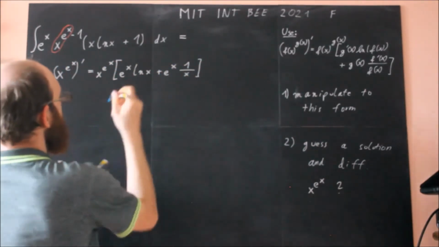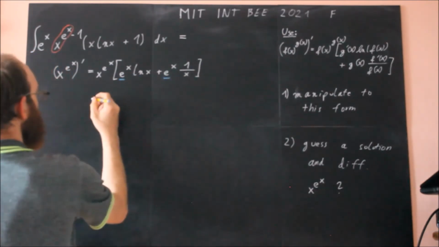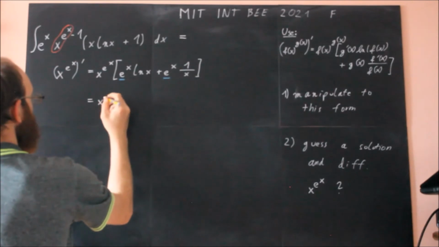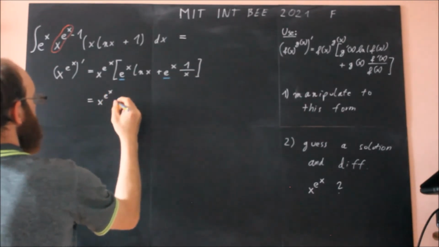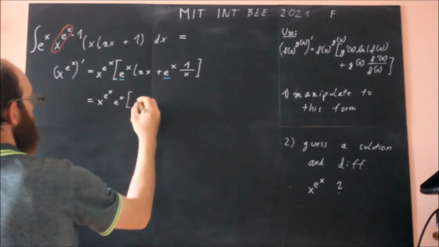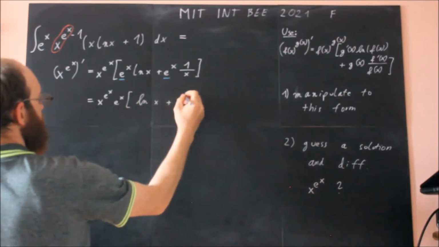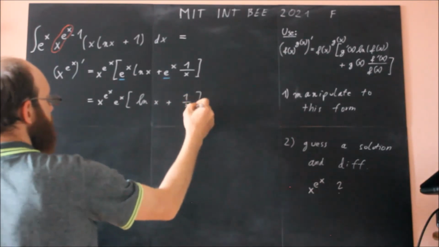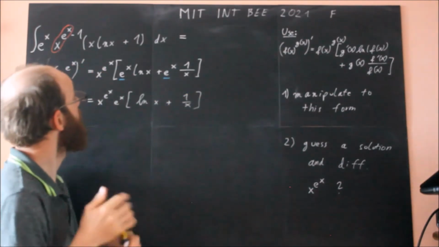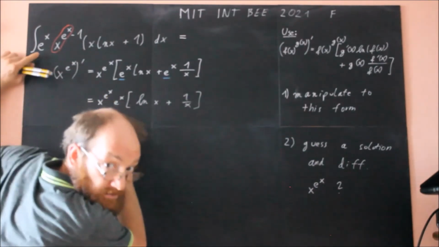Alright, and the next step: we factor out an e to the x, and let's see what we get. This is x to the e to the x, e to the x, and what is left is ln x plus 1 over x. So this looks quite similar.